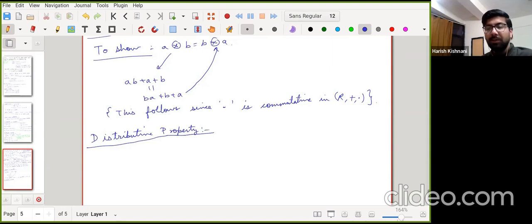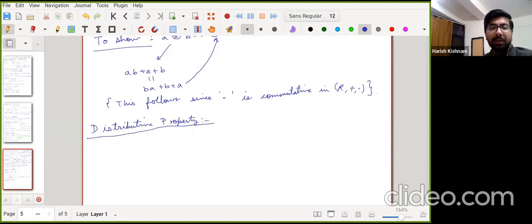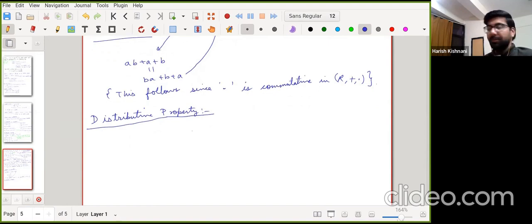But this is also an important property, and some rings turn out not to be rings just because of this property. Addition, multiplication, everything people check because it is in the regular routine. But the distributive part, many people just don't remember at the time of exam. So just keep this in mind and don't forget to check this property also. Many rings fail to be rings just because of this property.